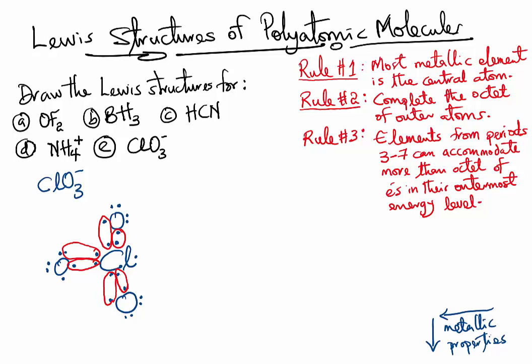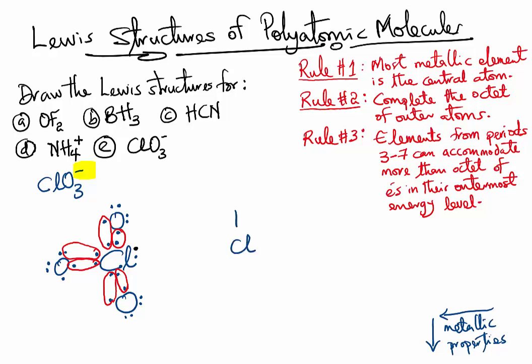But we are still leaving something out. We have a -1 charge. A negative charge means that we should add an electron to the structure. So let us add an electron. Now let us redraw the structure. Chlorine.